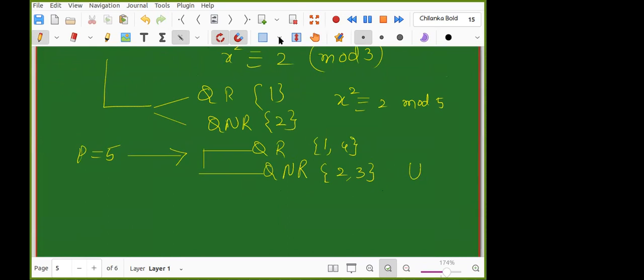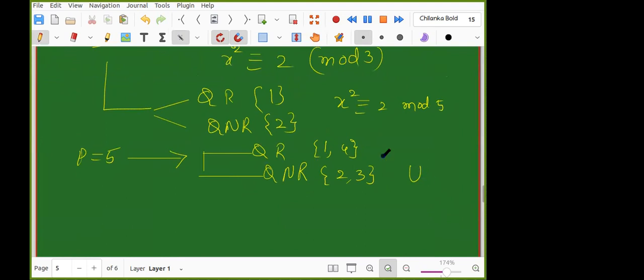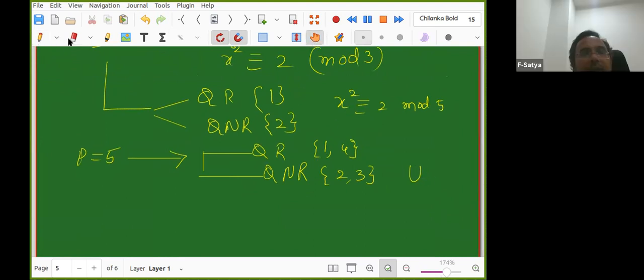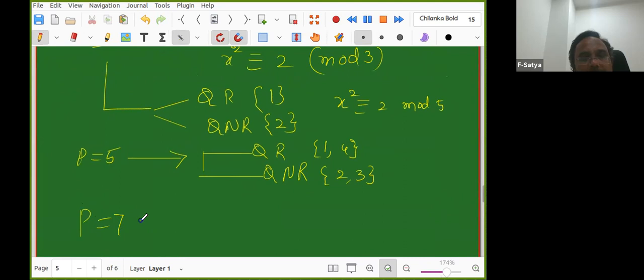Other numbers anyhow are equal to these. So 3 would be minus 2 mod 5. The remaining are not required. Okay, fine. So let us work for p equal to 7 in the final case. So quadratic residues and quadratic non-residues.